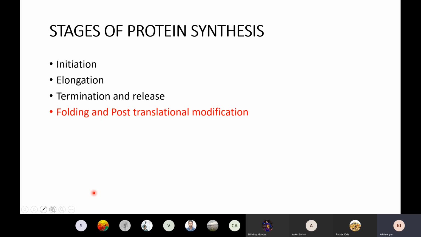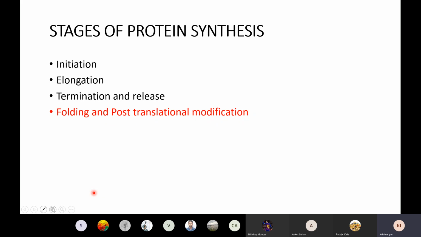You'll find that both in prokaryotic and eukaryotic systems, after the protein is made, modifications are done to that protein. The level of such modification after translation occurs to a greater extent in eukaryotes, but it is not something which occurs only in eukaryotes. In prokaryotes also, modification occurs after translation, but to a smaller extent.